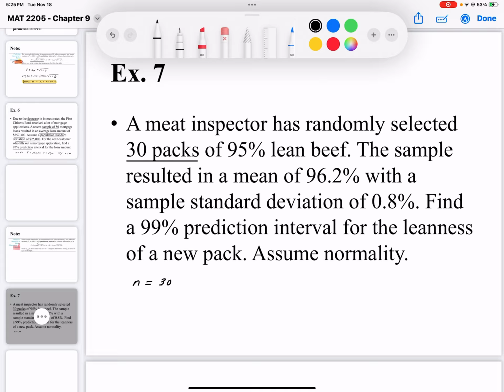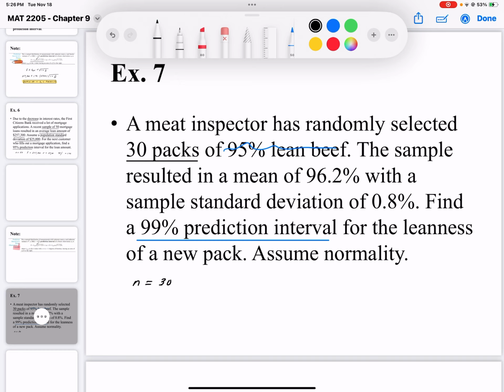That 95% lean beef has absolutely no relevance to this problem at all. It's just telling us how lean the beef is. You need to read the problem so that you avoid making a silly error. The prediction interval, and I know I'm jumping ahead, is actually 99%. So don't mess that up.